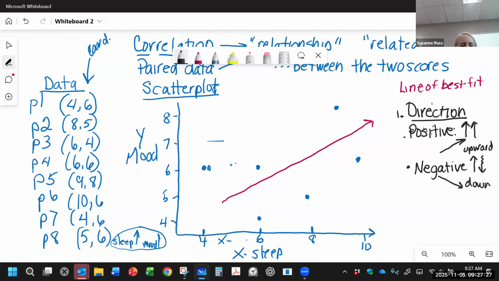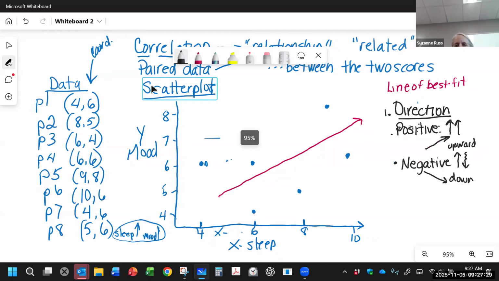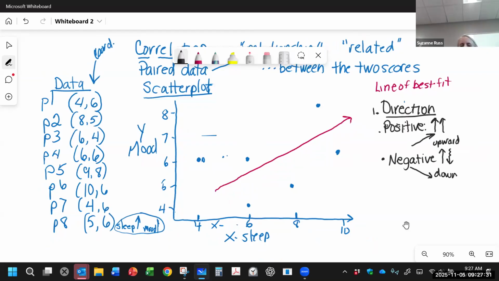We also have another dimension that we can assess, and it is the strength of the relationship. And the strength of the relationship is telling us about how far these points are away from the line of best fit.